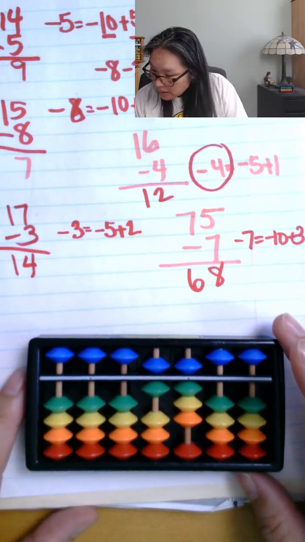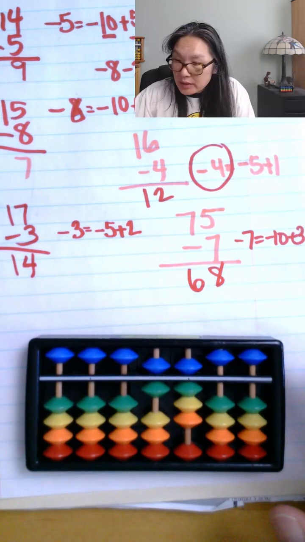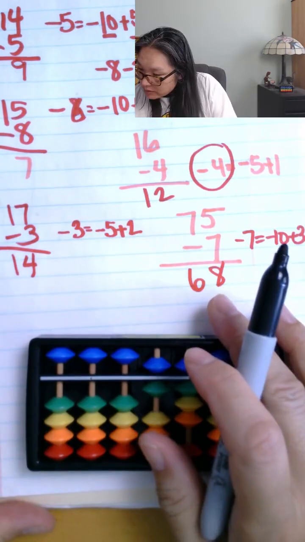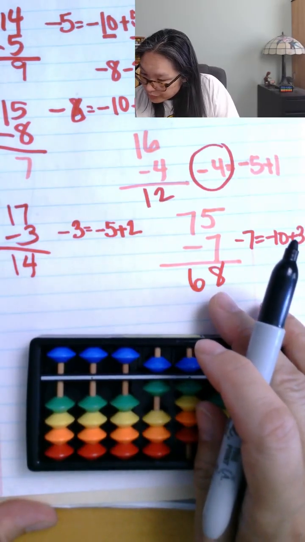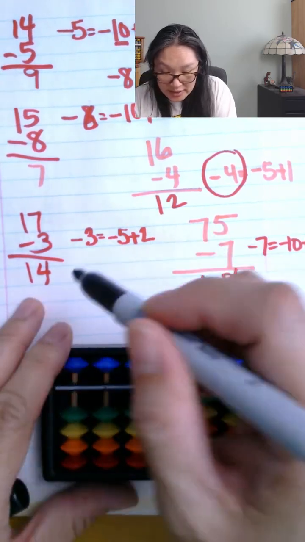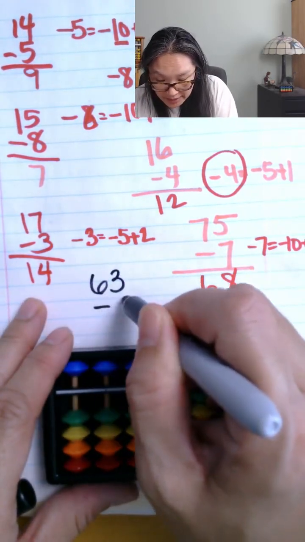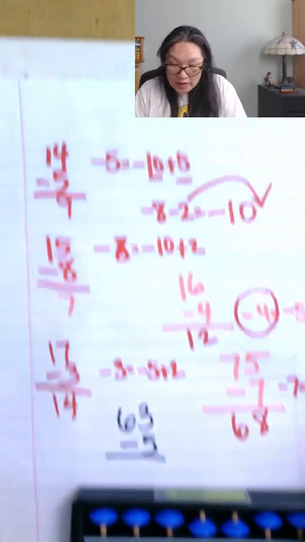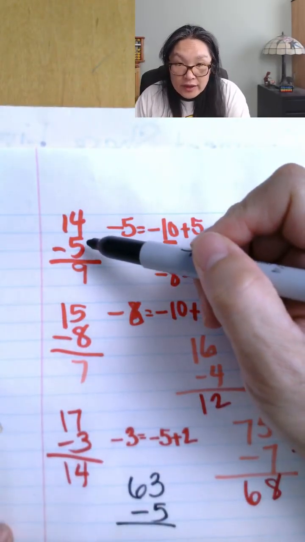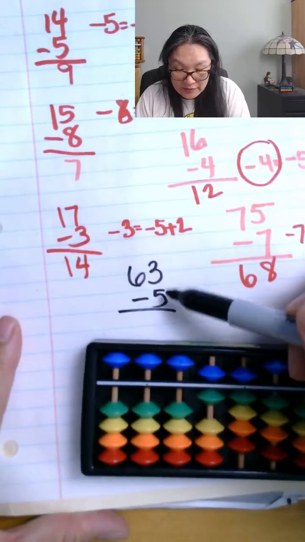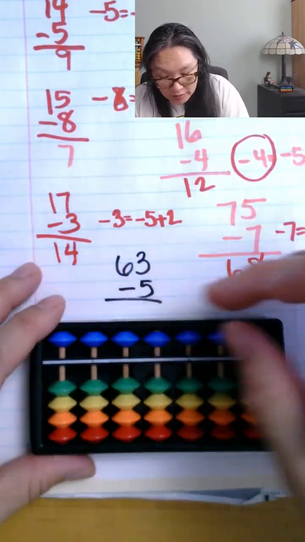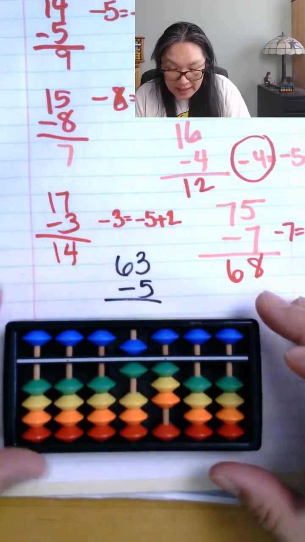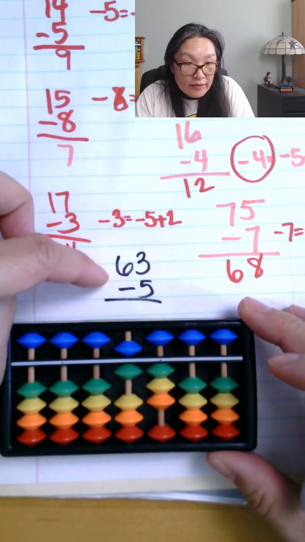We'll do 63 minus 5. So notice, this is a minus 5, but now we're in bigger numbers. Again, it's all about focusing on what we have and what we don't have.